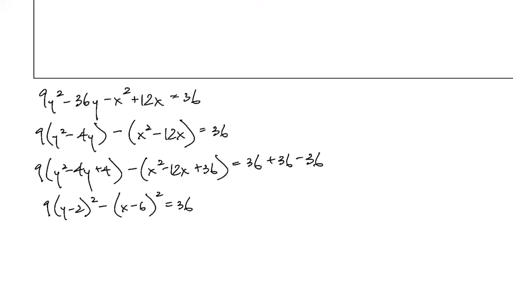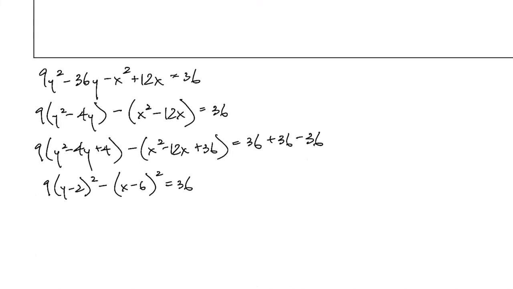And so my last step is to divide both sides by 36. So I get y minus 2 squared over 4 minus x minus 6 squared over 36 equals 1. Now, when I rewrite this at the top, I'm going to change my denominator from 4 to 2 squared and my 36 to 6 squared, so I can start to think about which numbers are going to be useful when I need to graph.